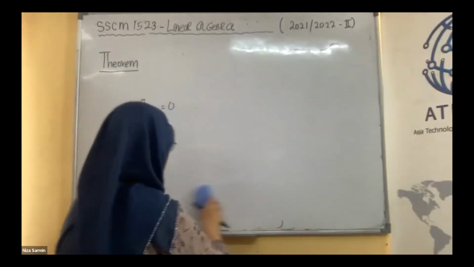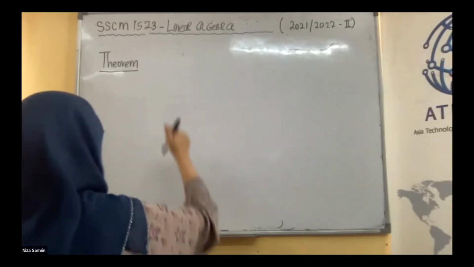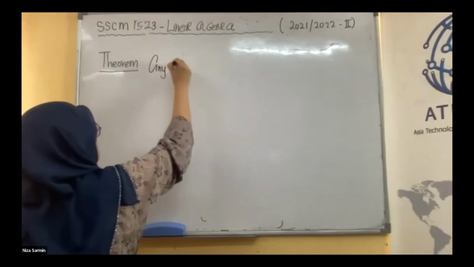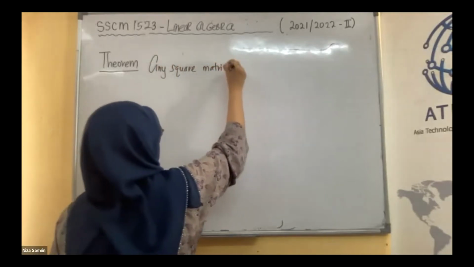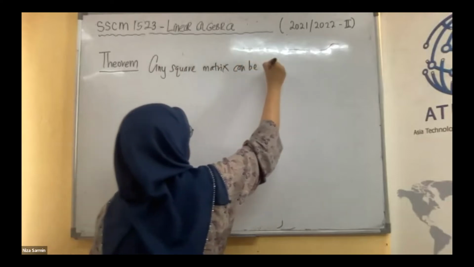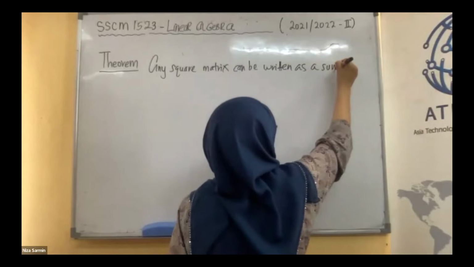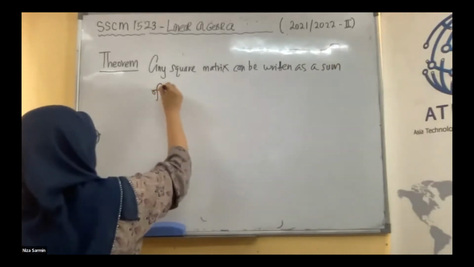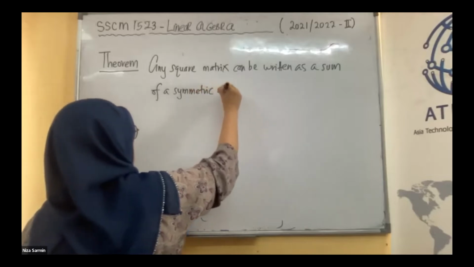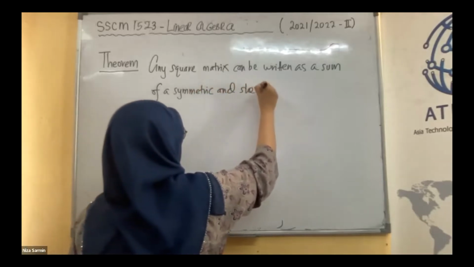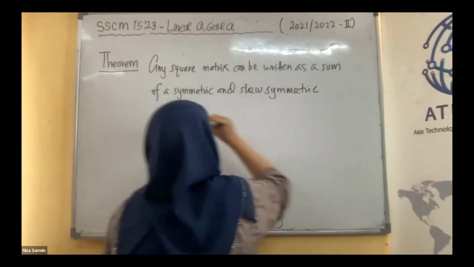All right. So this theorem says any square matrix can be written as a sum of a symmetric and skew symmetric matrix.